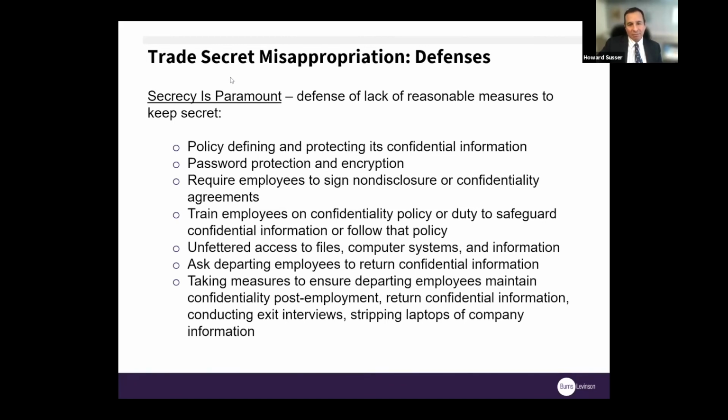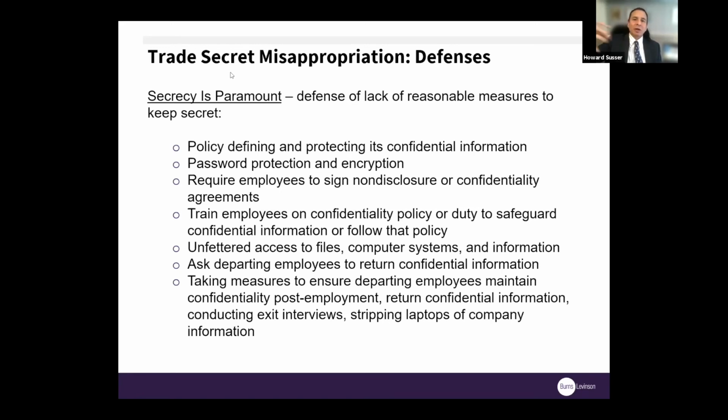Is there unfettered access for all kinds of employees throughout the system to files and computer systems? What do you do with departing employees? Do you force them to return their laptops and all their materials? Do you take measures for departing employees post-employment to return all the information? Do you conduct exit interviews, strip the laptops, cell phones, things like that of all this information?